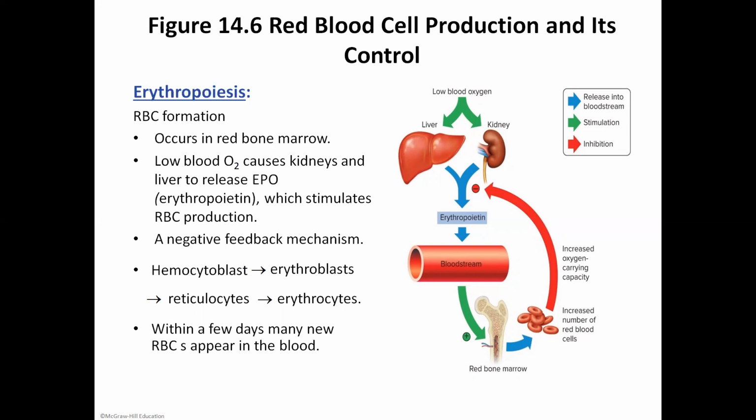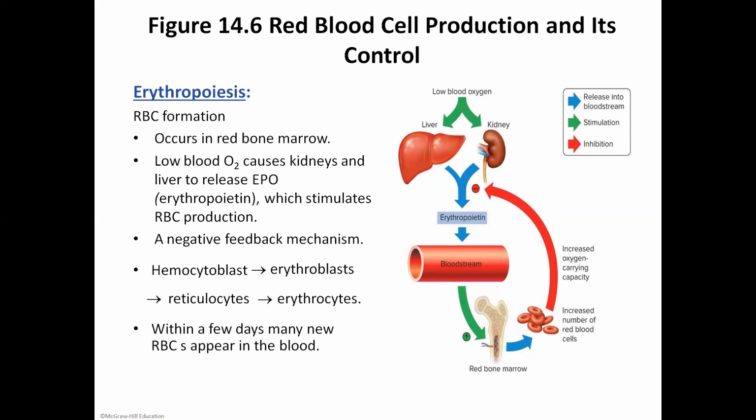Now, what happens here is that it occurs in the red bone marrow, but this is due to low oxygen levels in the blood. What you're going to notice is that low concentration triggers the liver and the kidney to release or stimulate what is called EPO, or erythropoietin.